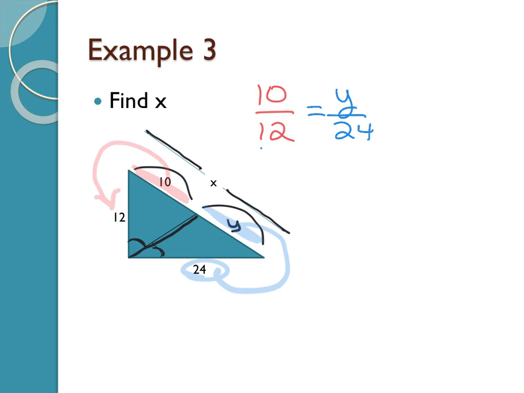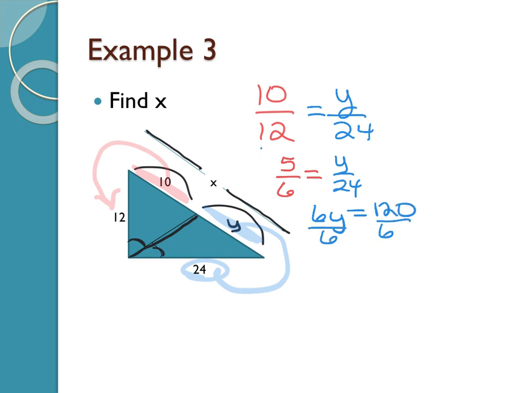Now, if you want to reduce the 10 over 12, you could simplify this to 5 over 6. And now we can solve the proportion. Or you could leave it alone. It's up to you. So if I simplify it, I would do 6 times y, 5 times 24, and get 120.